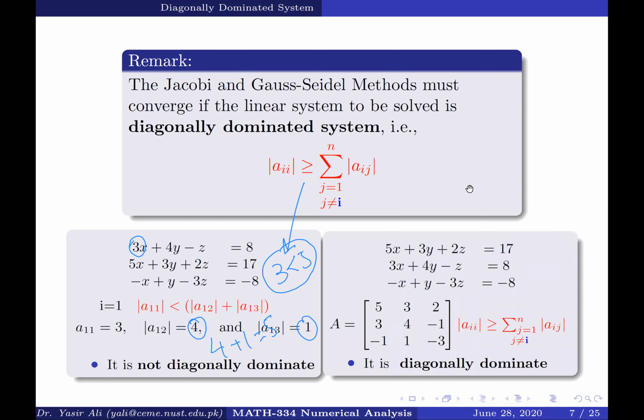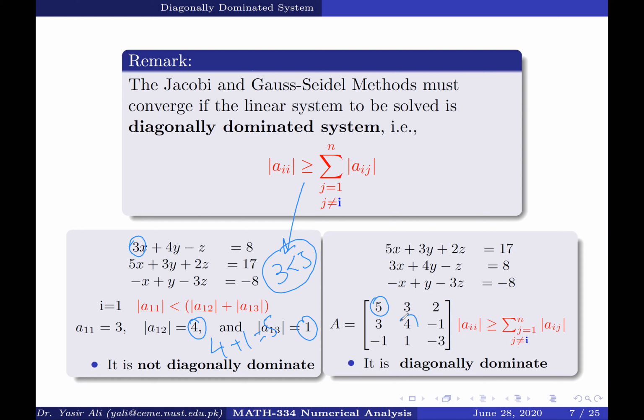Whereas if we rearrange the same system in some other way, and we make 5x plus 3y plus 2z equal to 17 as the first row, then we can see all the rows are diagonally dominated. We can write the coefficient matrix as 5, 3, 2, 3, 4, -1, -1, 1, 3. In each case, the diagonal entry, which is 5 in the first row, is equal to the sum of the remaining entries.